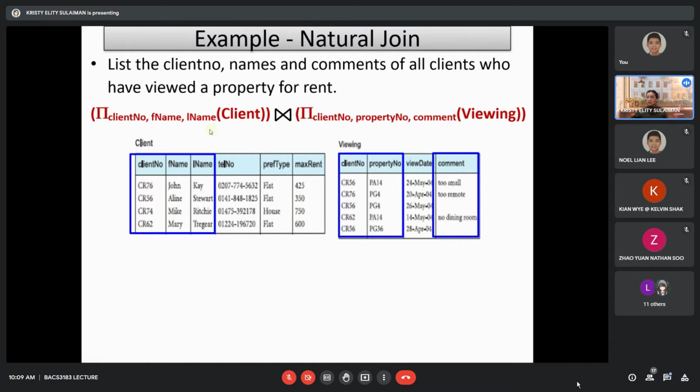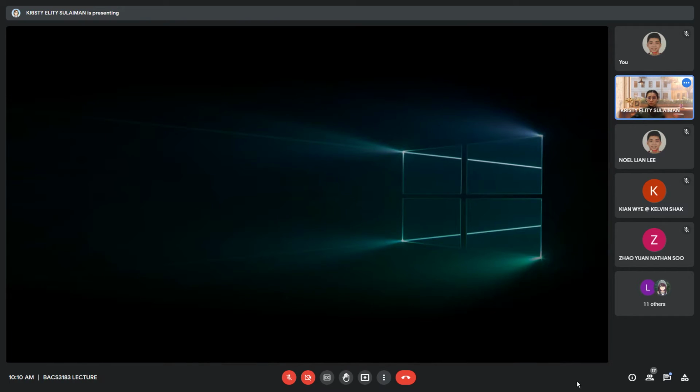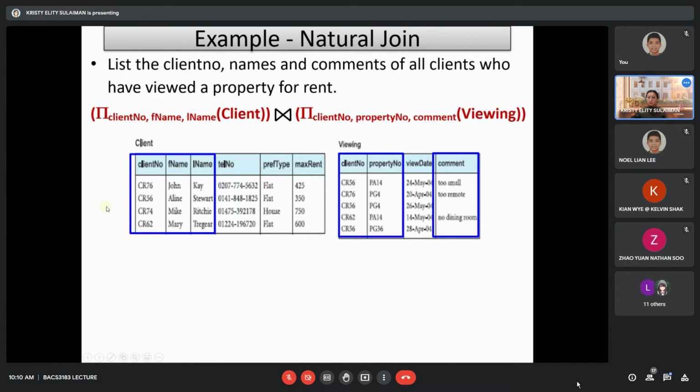Then you do the natural join with the projection of client number, property number, and comment from the viewing table.